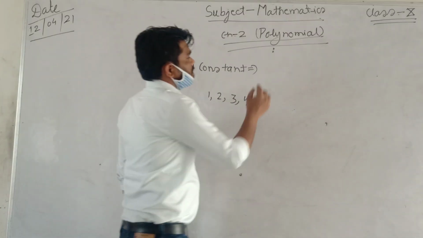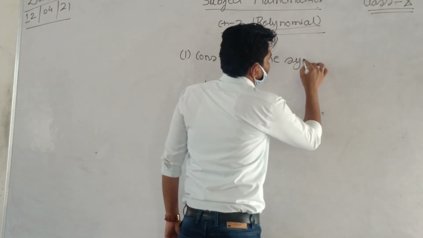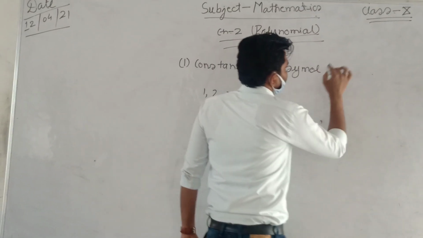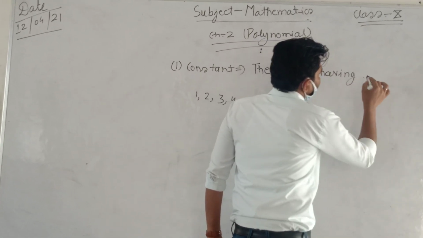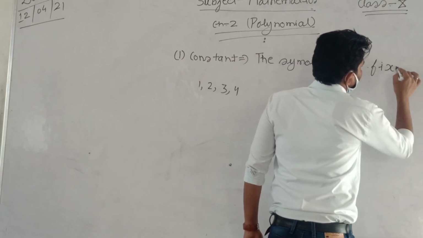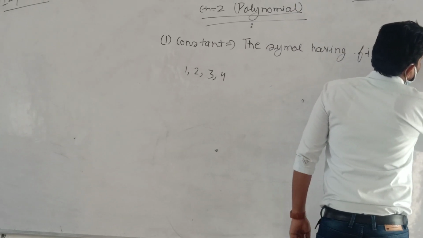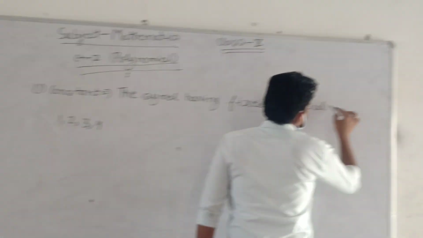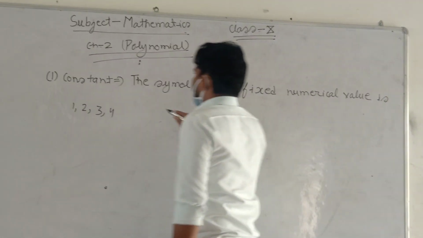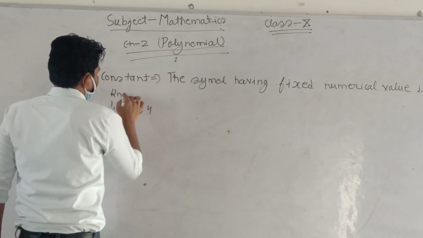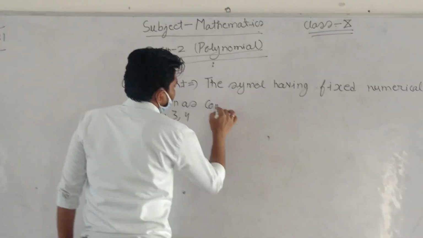The symbol having a fixed numerical value is known as a constant.